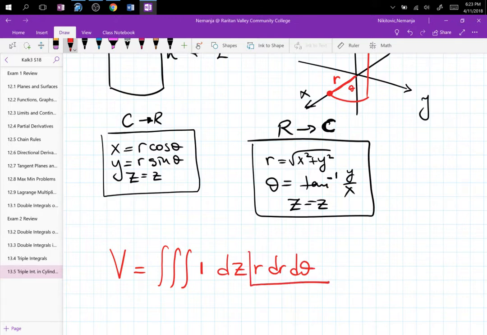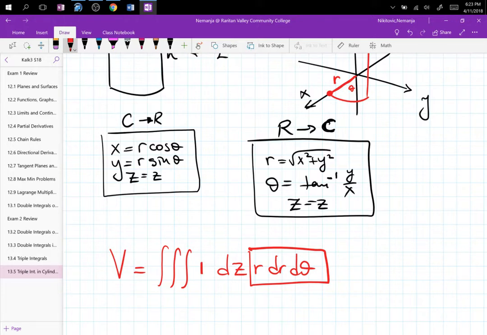I hope you are already keeping this as a unit in your head. So this r dr d theta is a unit for integrating polar areas. And now I am multiplying the polar area base with the height z, making it into a volume.